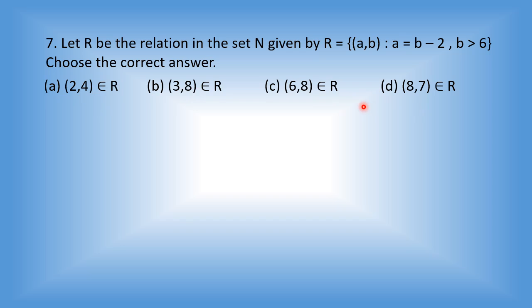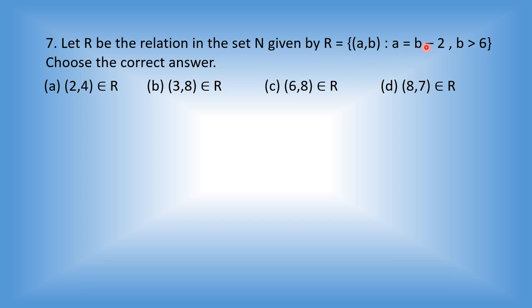So for that, first we have to write the relation R, that is, for B greater than 6 here. So n is a natural number, you can take the values 1 to infinity. Since B is greater than 6, we can start with 7.